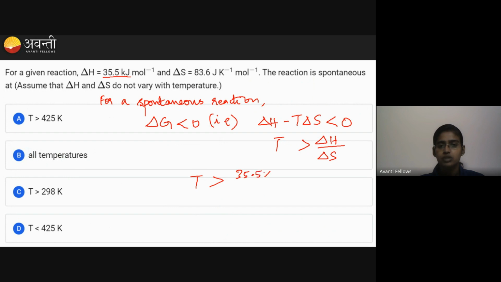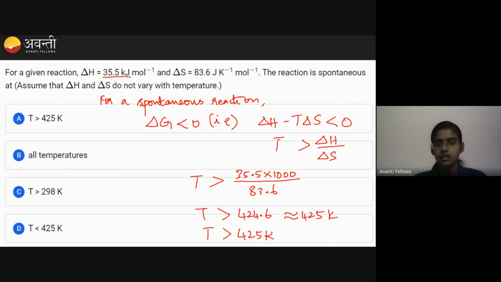35.5 kilojoule. Kilojoule means 10 to the power 3, it is 1000, divided by delta S, which is 83.6. So it is equal to 424.6, which is approximately equal to 425 Kelvin. So the temperature is greater than 425 Kelvin.